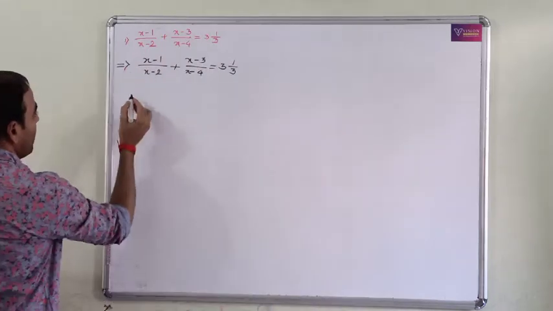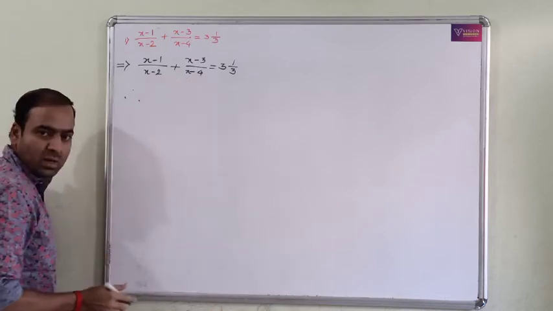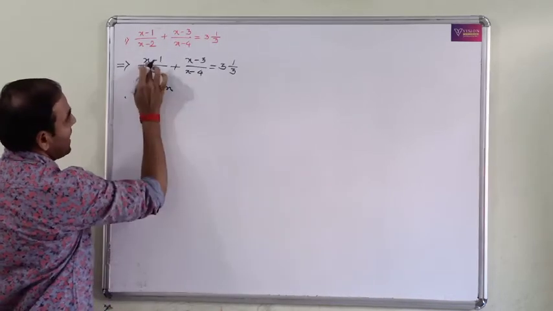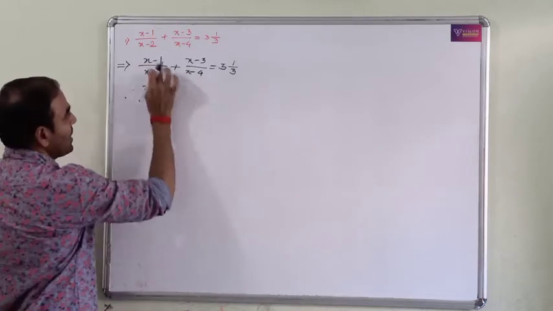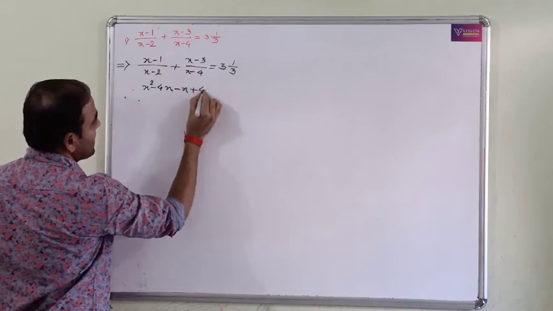By cross multiplication, you get (x minus 1) into (x minus 4): x into x is x square, x into minus 4 is minus 4x, minus 1 into x is minus x, minus 1 into minus 4 is plus 4.